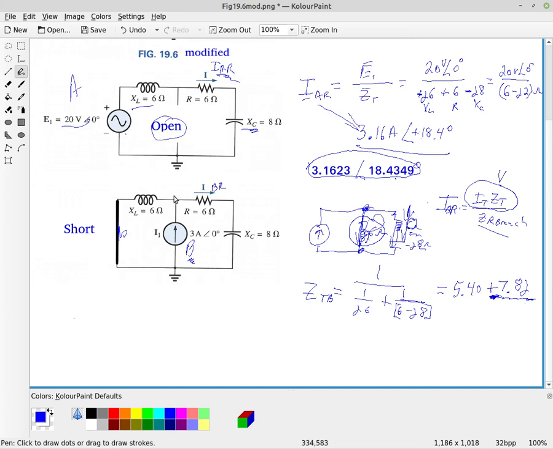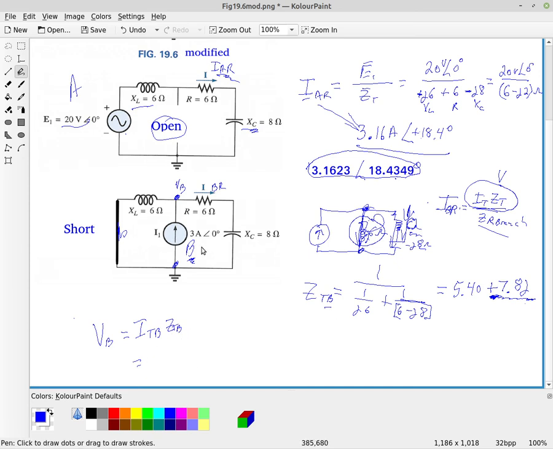So we could calculate the voltage at this node. Now this voltage we're calculating only applies for the current source. It's ignoring the voltage source at this point. We could find the voltage VB, and that again is Ohm's law, so that's the total current for source B times the total impedance for source B, which I called ZTB over here.